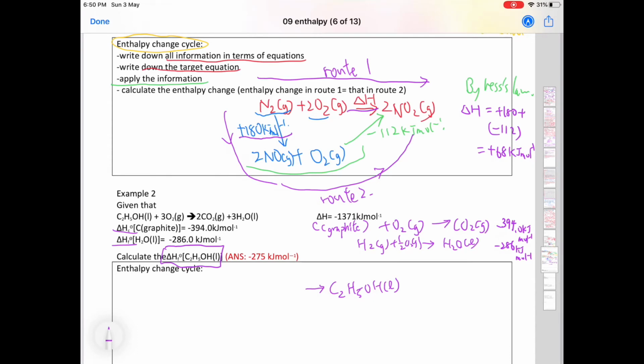So we just go according to the coefficient 1 of the C2H5OH to balance the equation. And here is our target enthalpy change we would like to find out. It's okay. And after writing down this target equation and all information in terms of equations, then we can apply the equations one by one.